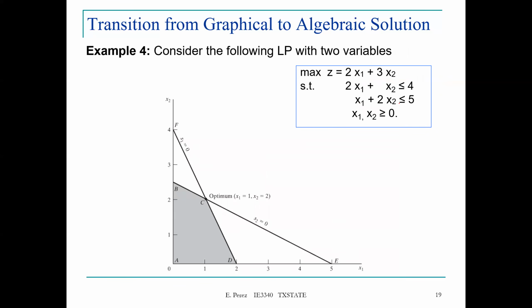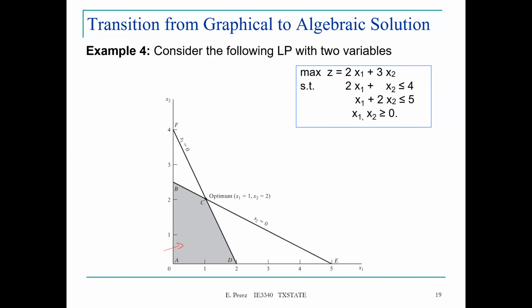So consider the following LP with two variables. We are maximizing 2x1 plus 3x2. You remember, once you graph the constraints, you can identify the feasible region. In this case, that's the gray or shaded area here. You know that the optimal solution is going to be somewhere in that area.